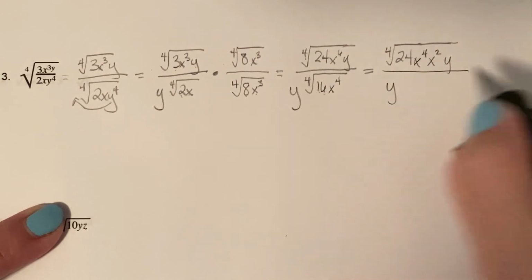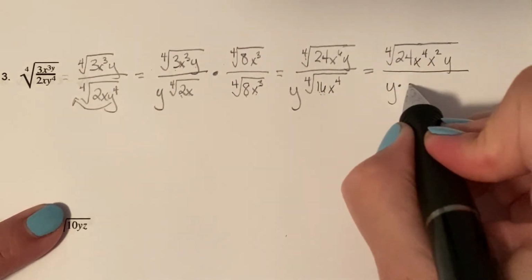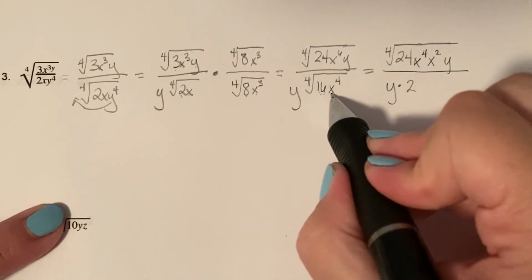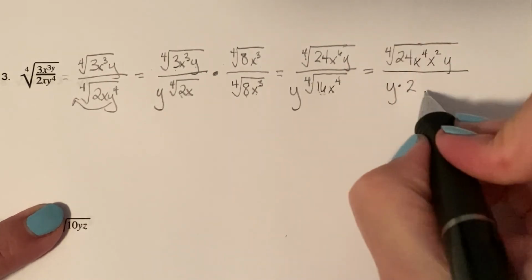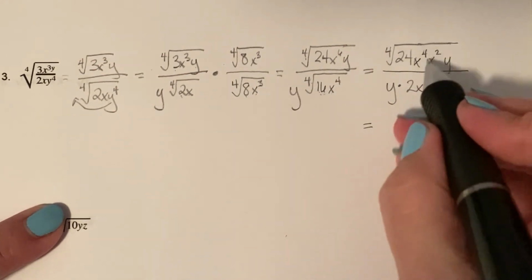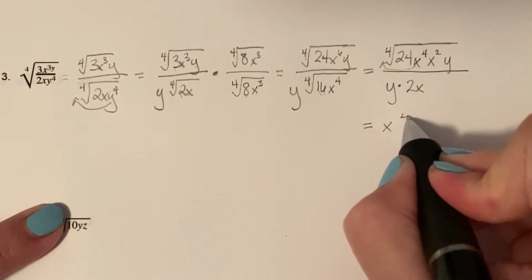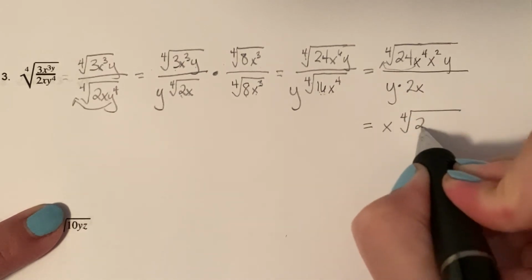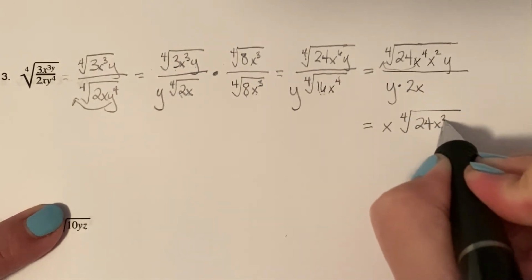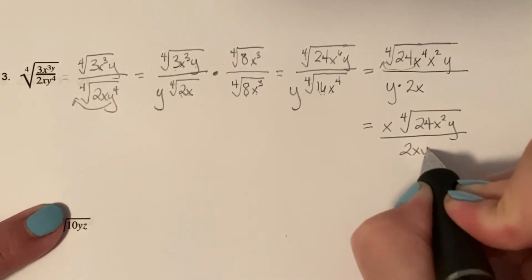Okay, now we have y times, okay, 4th root of 16, we already said was 2. Fourth root of x to the fourth, just x. Okay, so now we just fourth root the x to the fourth, 24 x squared y all over 2xy.